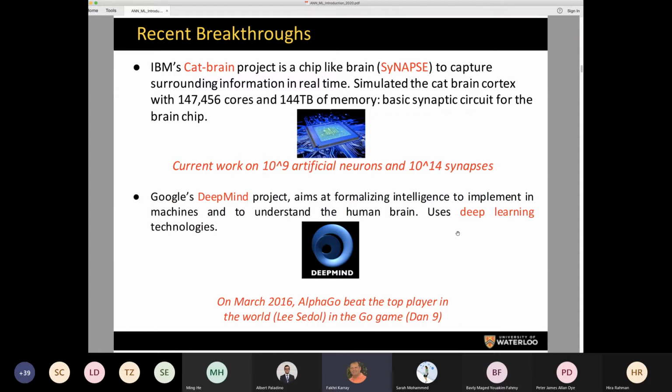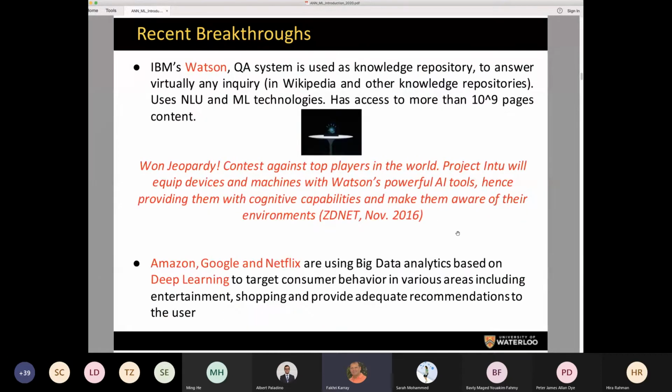I might speak about this a little bit later when I speak about deep neural networks and some of the major achievements. IBM as well, Watson, has been one of the major accomplishments using the most recent tools of natural language understanding and machine learning technologies, namely deep learning tools.